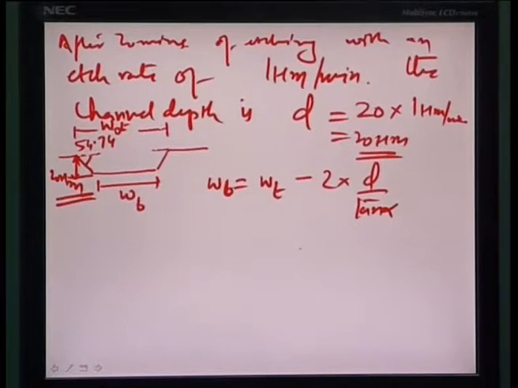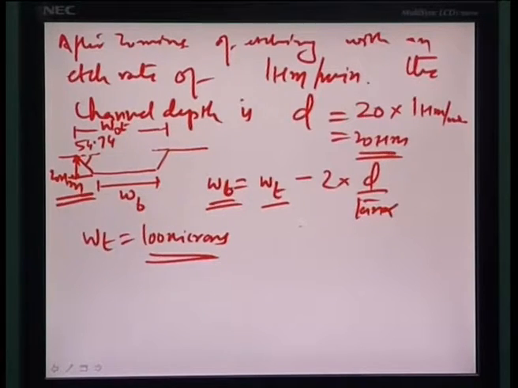That is exactly what the bottom width is. The top width WT is close to 100 microns, as suggested by the question itself, that the top channel width is about 100 microns.